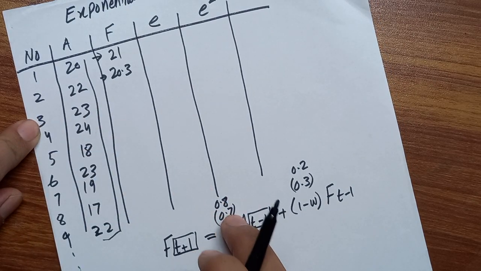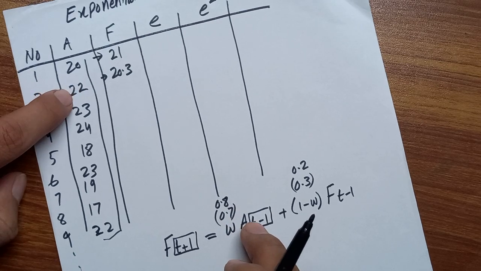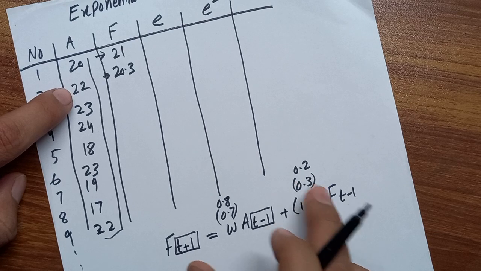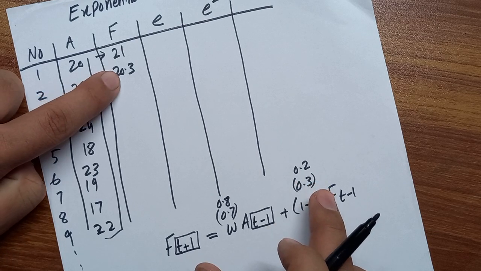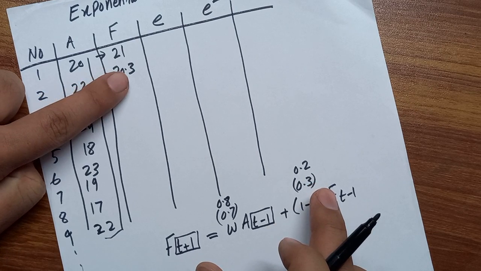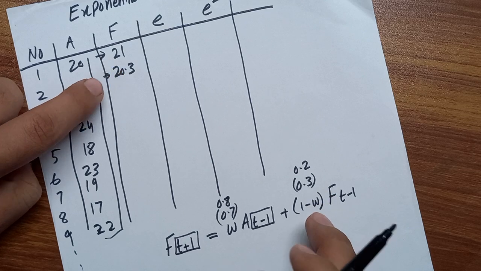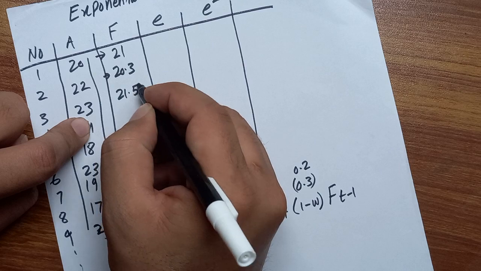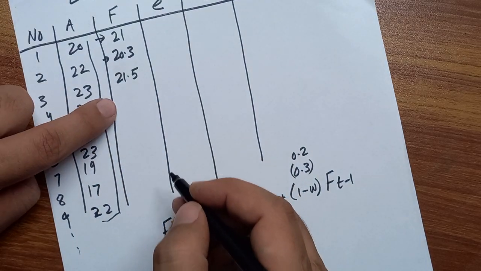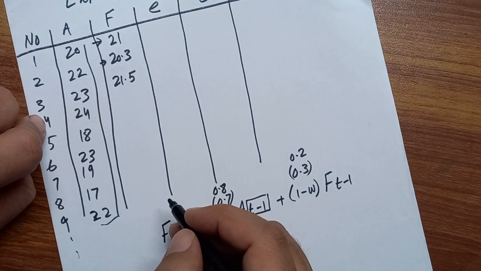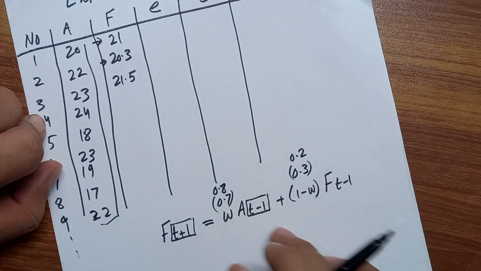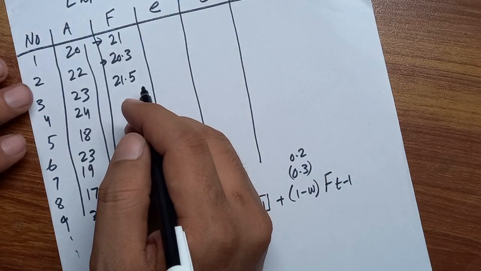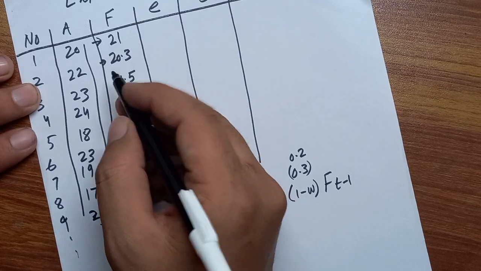Weight is 0.7 multiply 22 plus 0.3 multiply 20.3. So we will get 21.5. Next for the fourth year we will continue this process. I will also do it in MS Excel for better understanding.